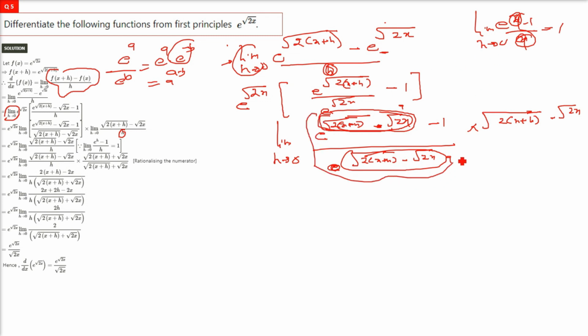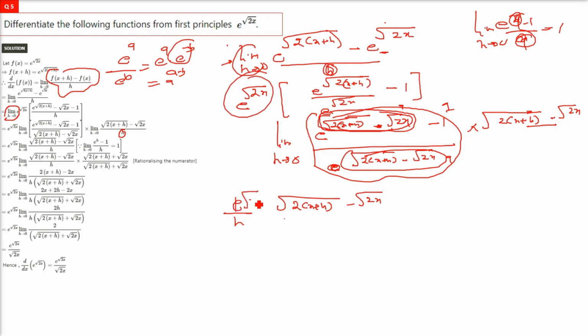So when you apply the limit, this whole term is going to be 1. Okay, I'm eliminating this term. This is 1 now. Only thing remaining is under root 2(x plus h) minus under root 2x. What was outside? It was already e raised under root 2x. Division by h is already there. Limit h tends to 0 was already there.